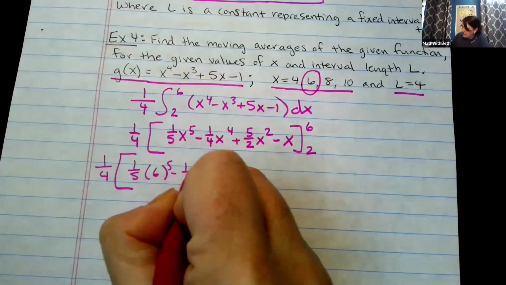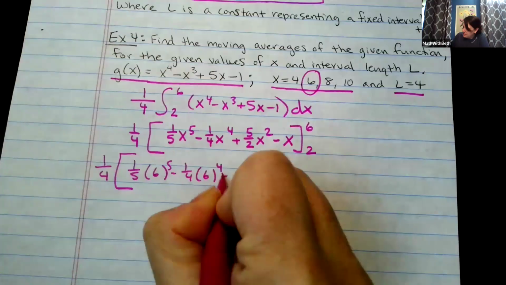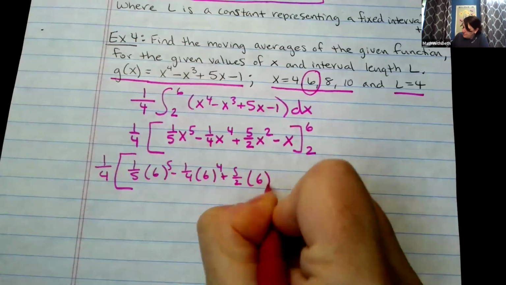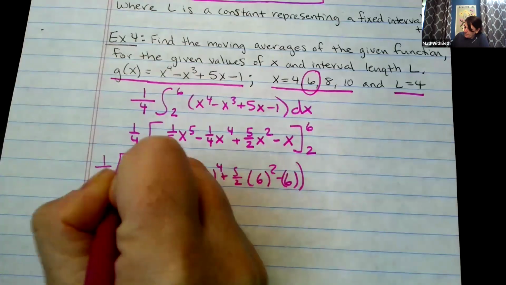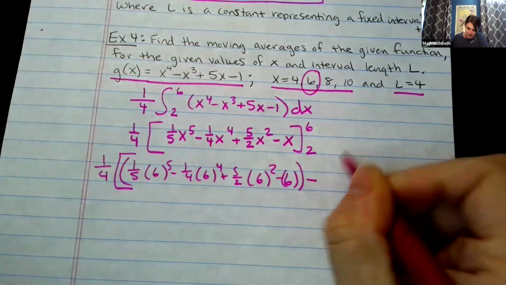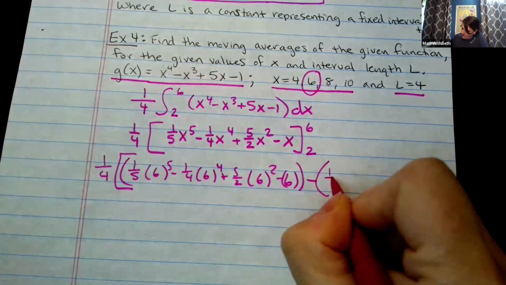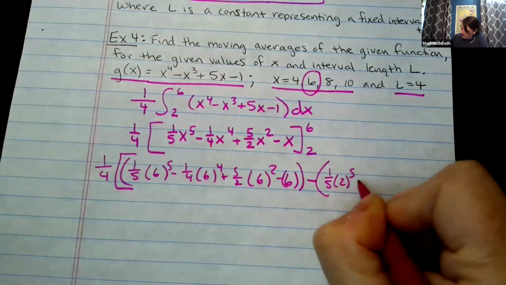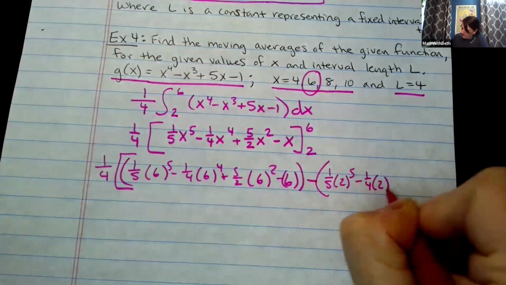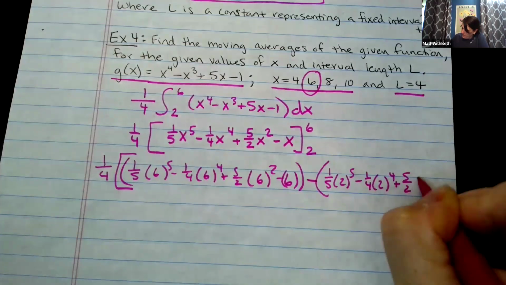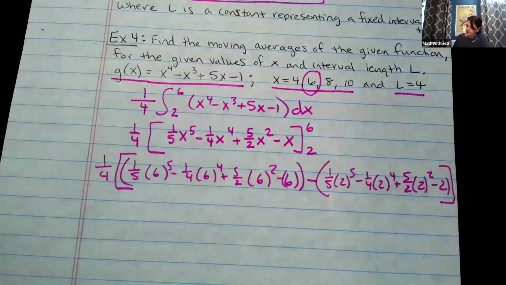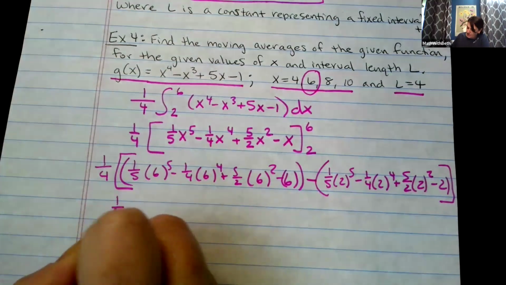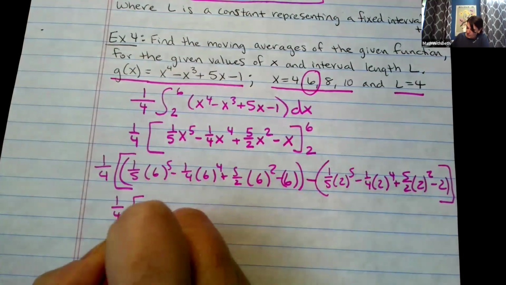I'm going to plug in 6 to all of this. See what I get. Minus, plug in 2 to all of this. And then finally multiply by that 1/4.